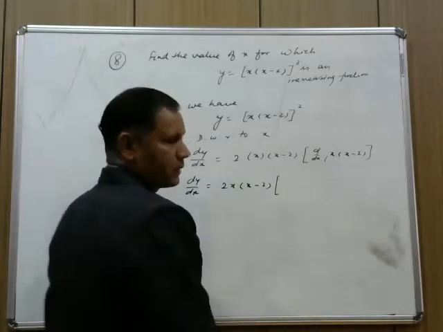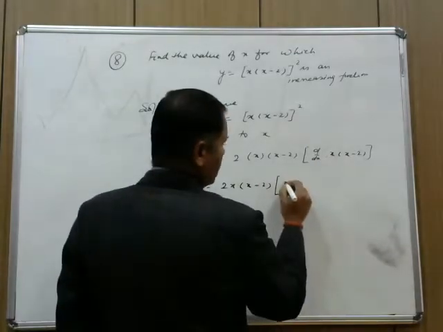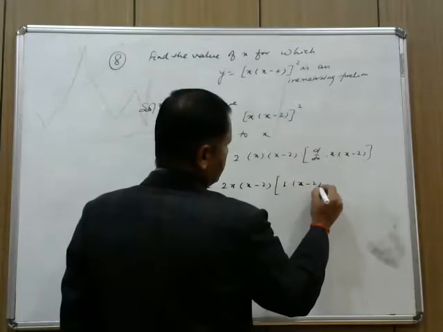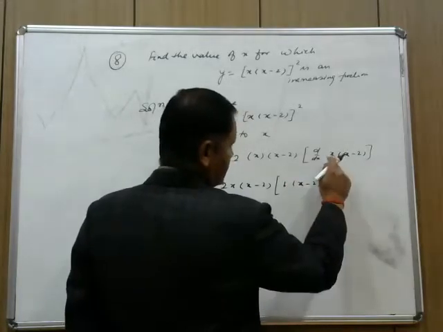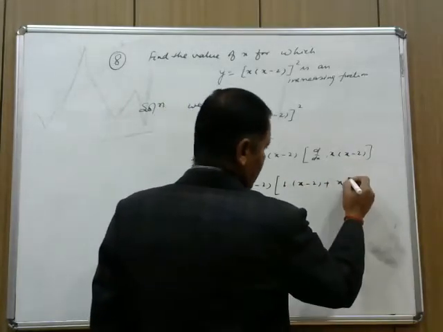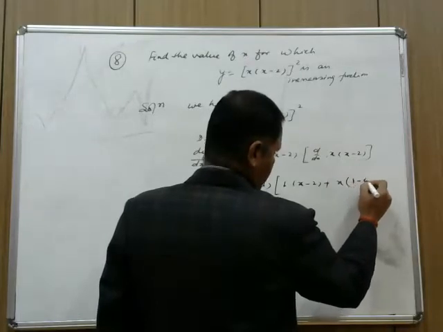Differentiation of x into (x - 2): differentiation of x is 1 into (x - 2) as it is, plus x into the differentiation of (x - 2), which is 1, since the 2 is 0.